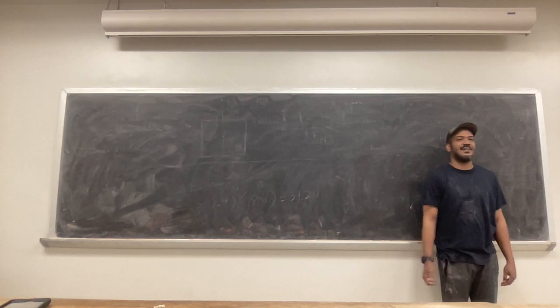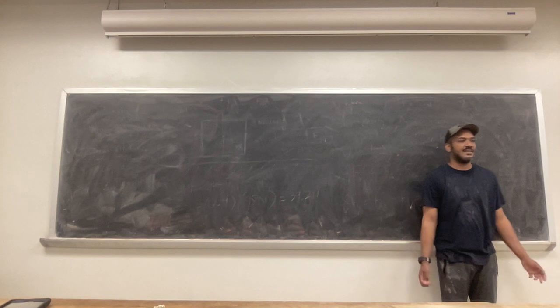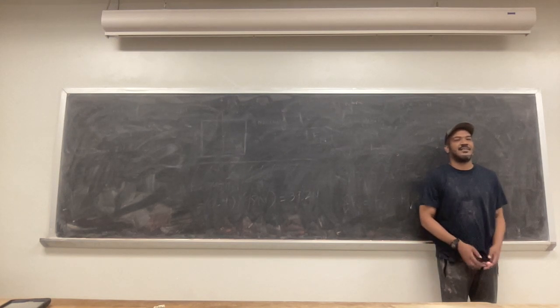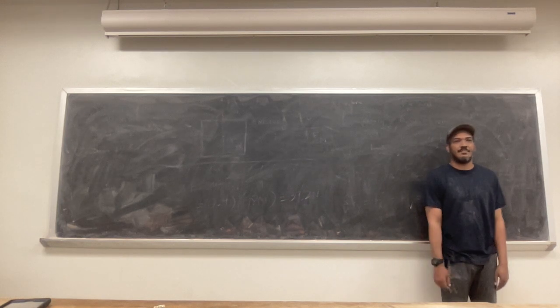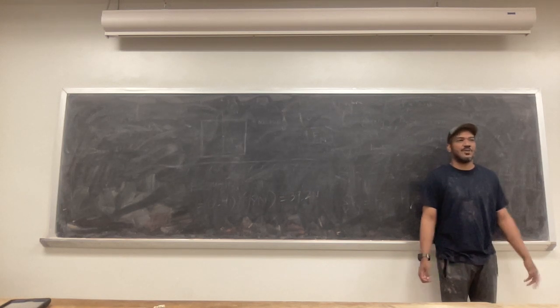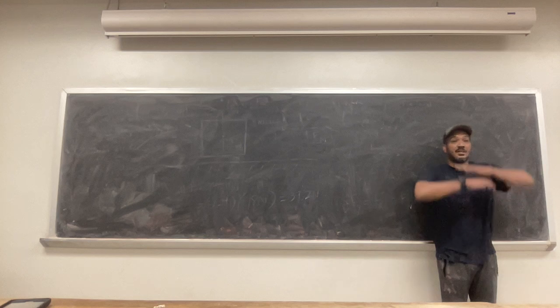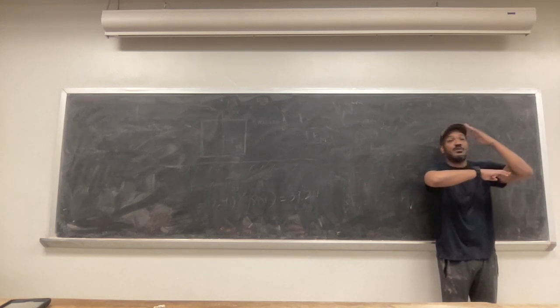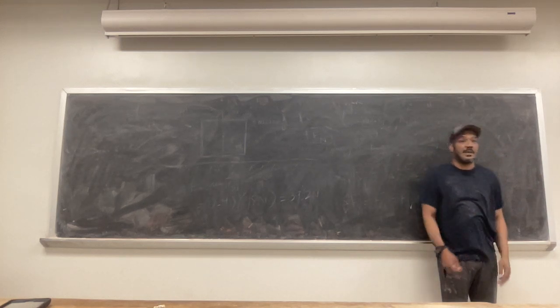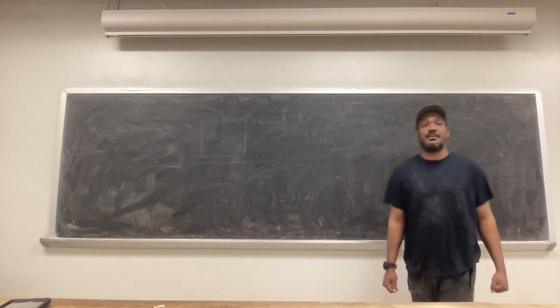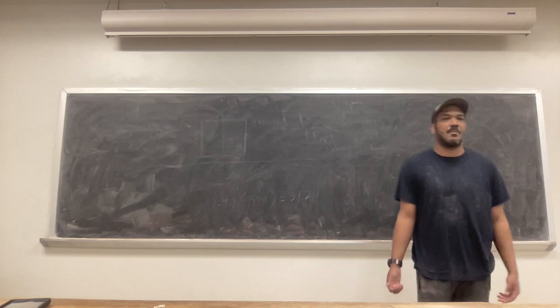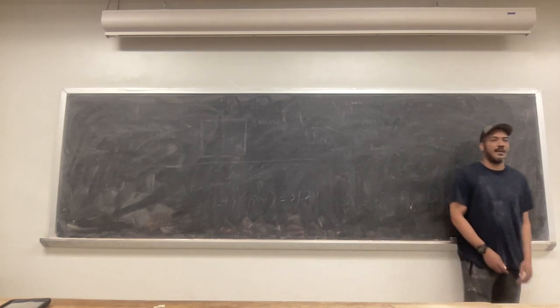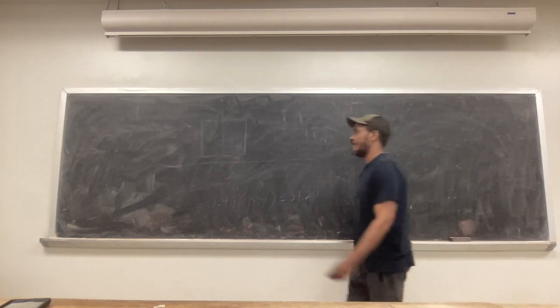Close. The friction? No. The weight. That's the force that gets reduced because of the inclined plane. When you walk up the inclined plane, it's reducing the weight. That's why it's easier for you to go up the inclined plane. Right? And so we're gonna see that mathematically.